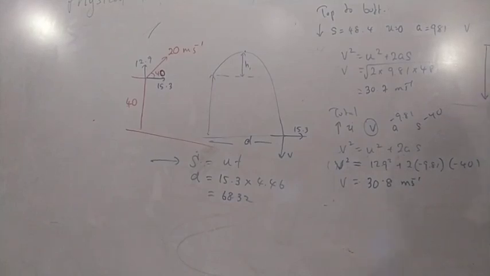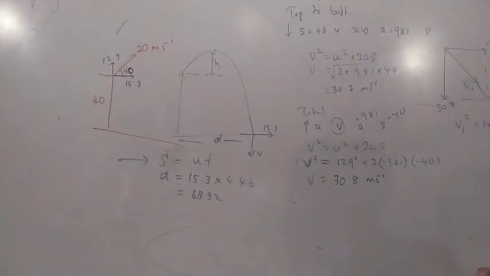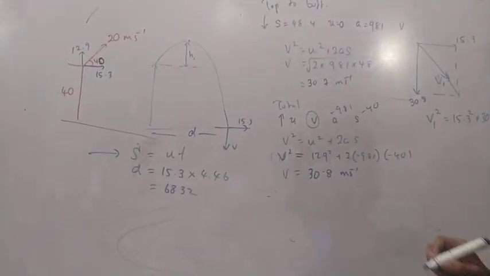So using the vertical component and horizontal component, horizontal one is 15.3, again you have to calculate the resultant velocity. If we take the resultant velocity as v1, v1 squared equals 15.3 squared plus 30.8 squared.